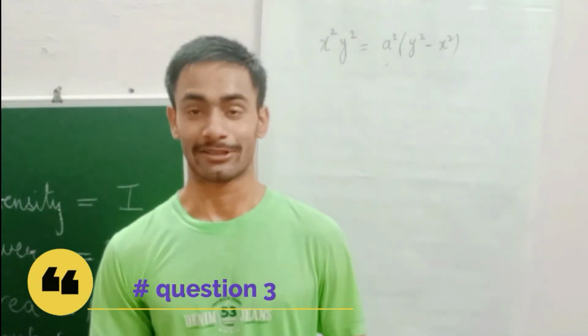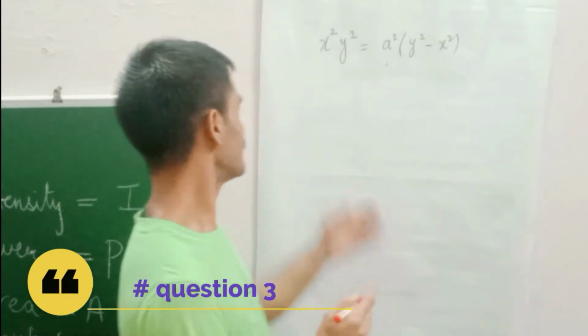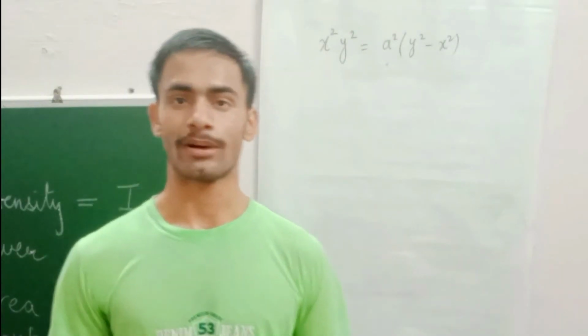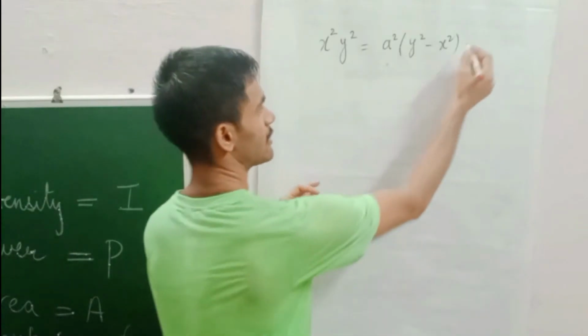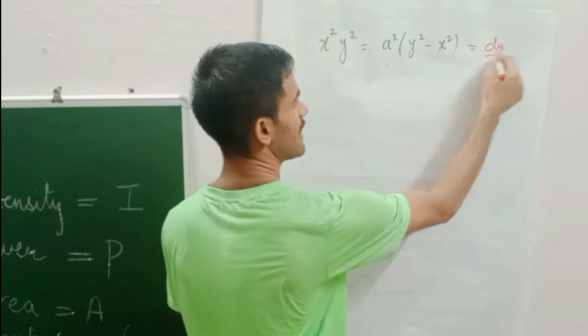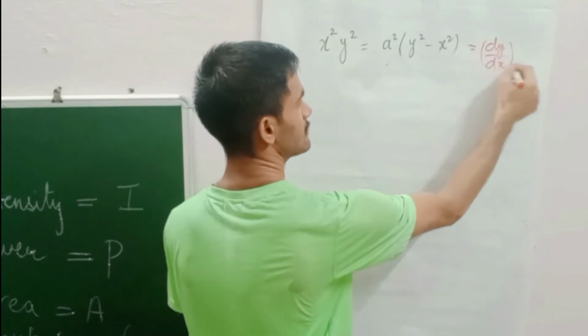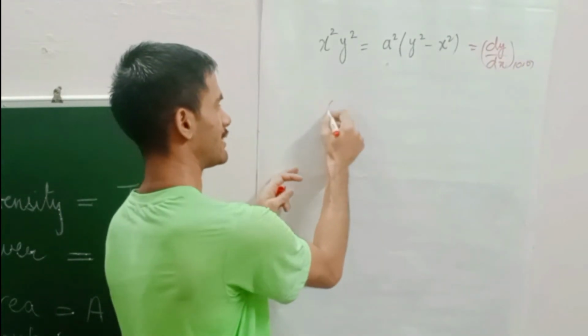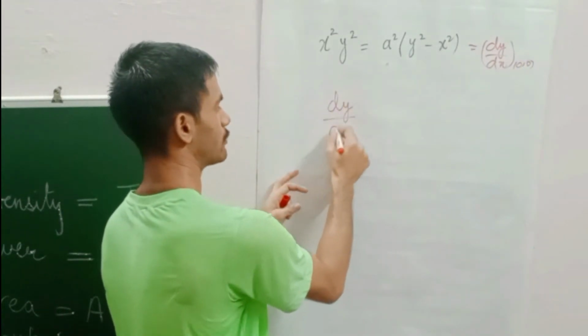So let's take this third question. This was given and you need to find dy by dx at 0, 0. So what you are asked to find is dy by dx at 0, 0. By directly doing differentiation you will get this result.